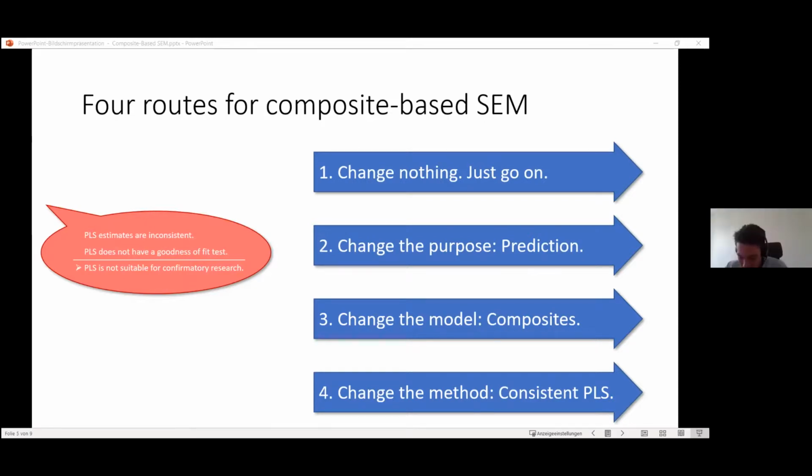Yes, so thanks, Jörg, for your questions. One was that now there's this maximum likelihood specification that allows estimating the composite model by maximum likelihood, and why is there still a need for PLS?